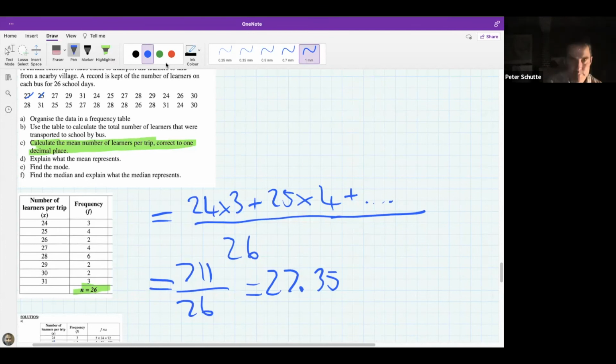Now the median. Find me the median for this particular data set.